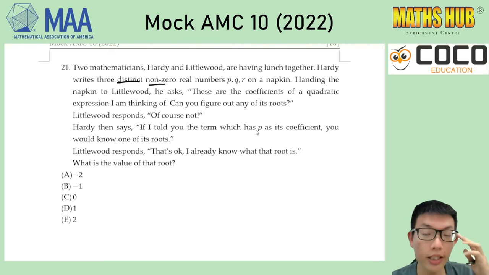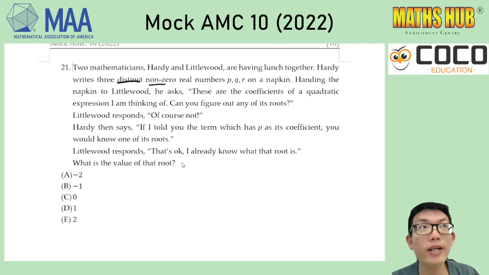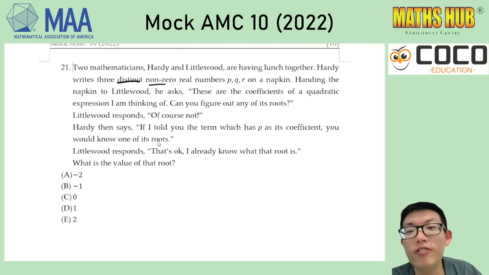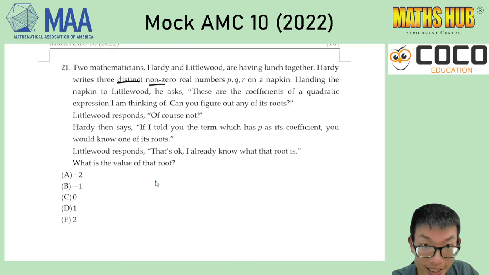Okay, so let's try to figure out what's going on here. Hardy is saying, if I told you which term has P as its coefficient. Now we're not sure what Hardy would have said, because P is literally just a variable for us. But let's say he was referring to the first term.